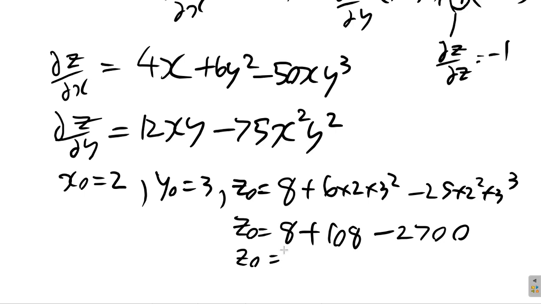So z naught, let me calculate that, is negative 2584. Okay, so that is z naught.